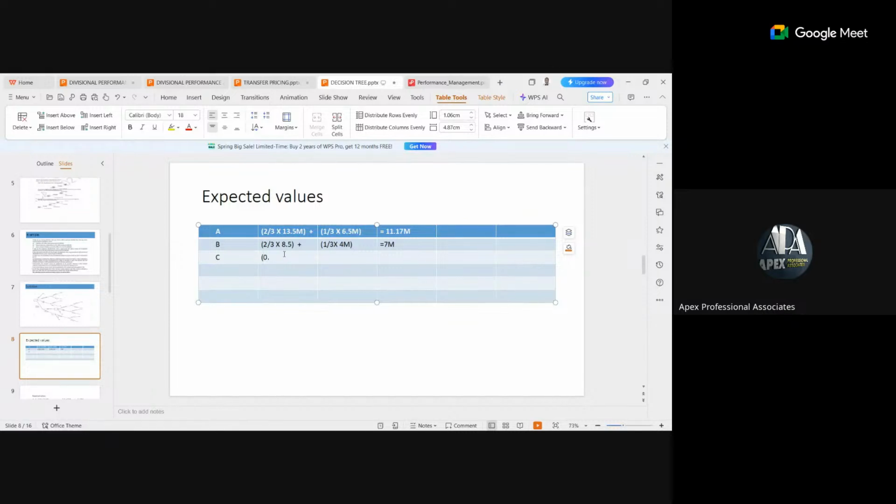So 0.91 multiplied by 13.5 plus 0.09 multiplied by 6.5. Roughly, it's 8700.